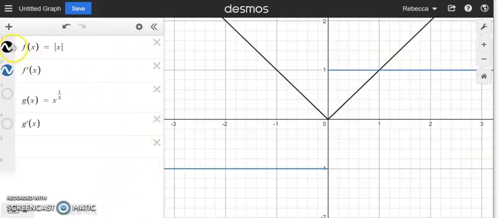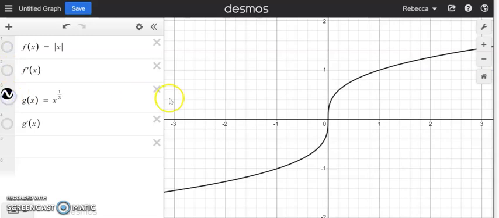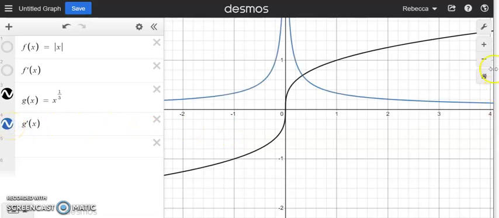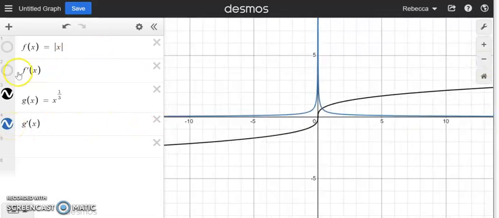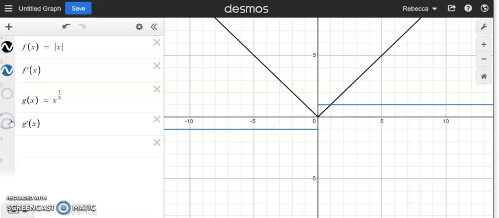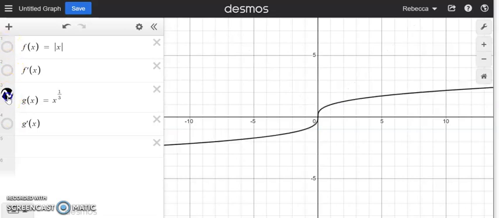So if I look at my graph of what's going on, here's the graph that I just drew for you. And when I go to graph the derivative, unlike the absolute value of x situation where I had a discontinuity with a jump, when I talk about x to the 1/3, my derivative has a problem because I have a discontinuity of a vertical asymptote.